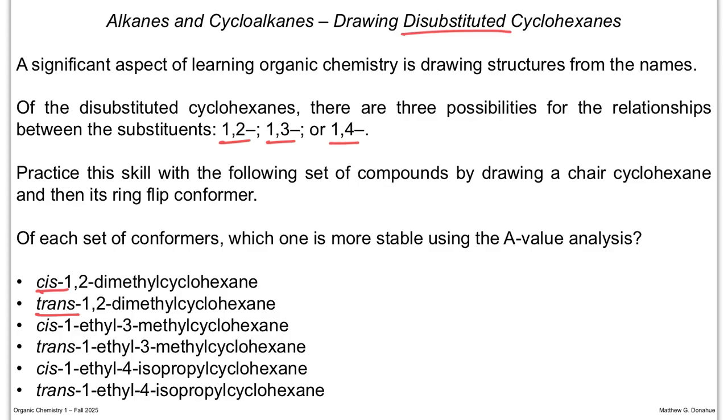So when I was talking about the face, top or bottom, the cis substituents are going to be on the same face. The trans are going to be on opposite faces. So then for each one of these, you can draw those chairs and then determine which conformer is going to be the most stable or strain-free, however you want to think about it.